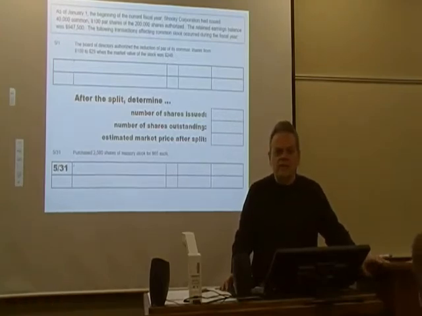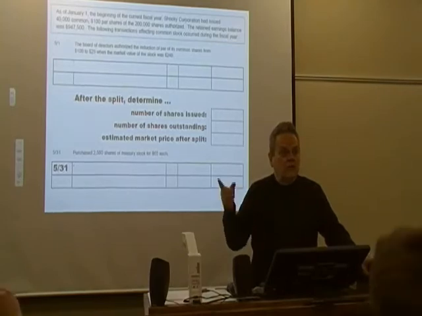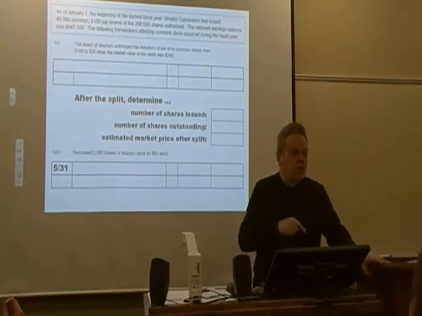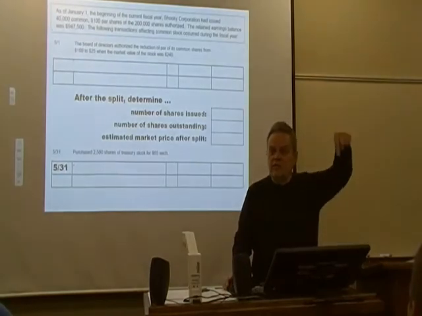Another way to say what you just said is a stock split reduces the par. And in reducing the par, you replace old shares with more new shares. And the impact of this is that you drive the price down in the marketplace.